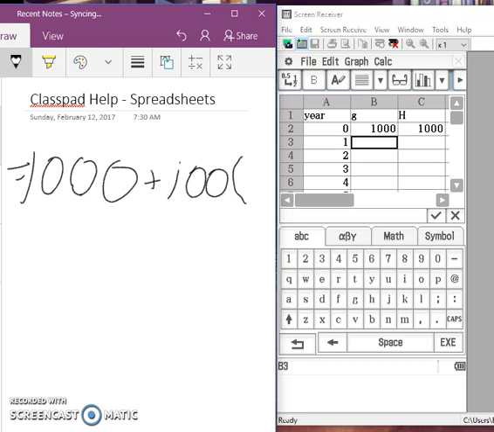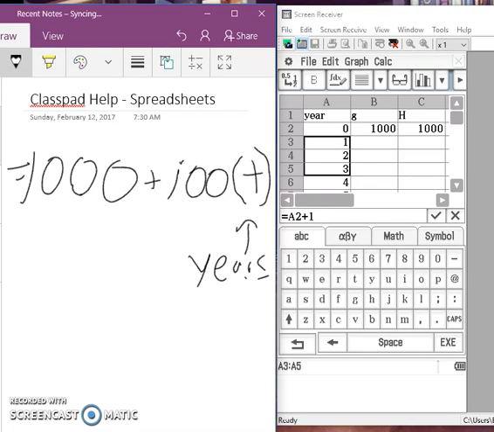We'll put T for year. So we can use that equation by referencing our years that we've already put in.